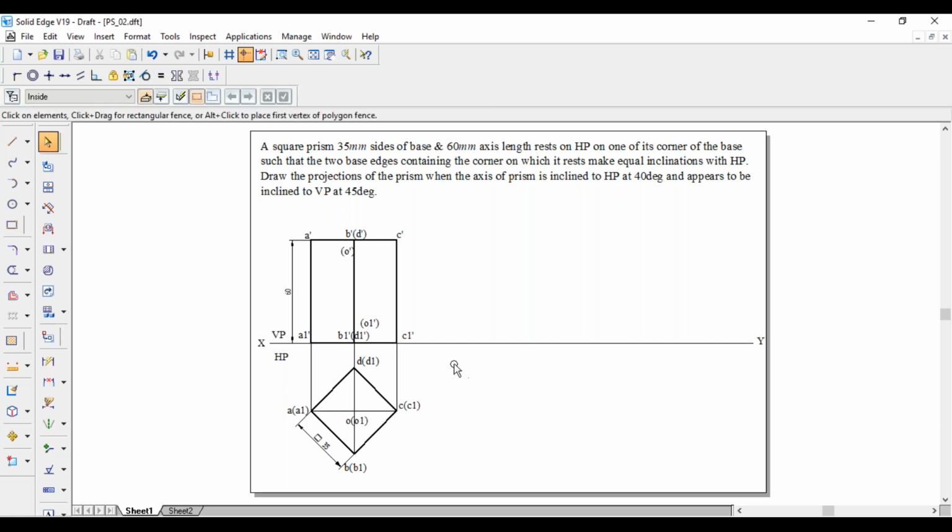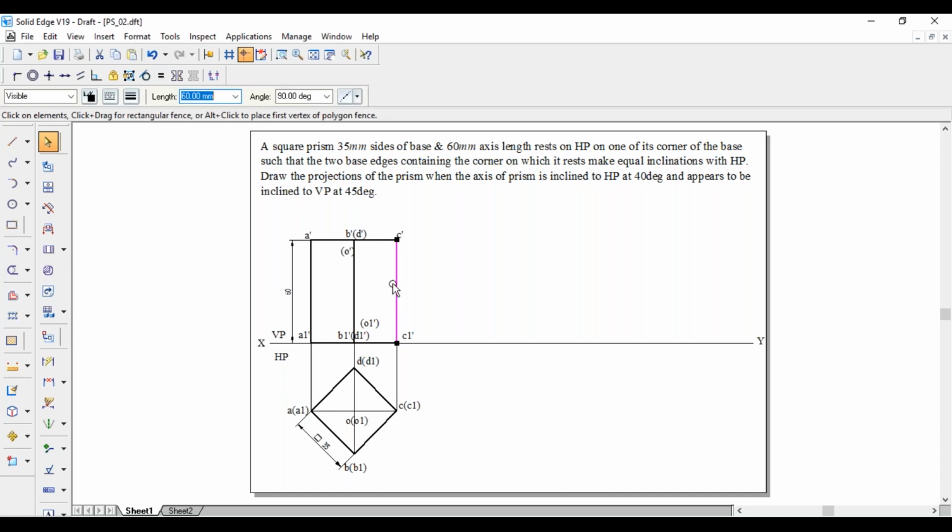For the second position, as given, the axis of the prism is inclined to HP at 40 degree. So as I told you, the axis and remaining edges are parallel to each other in prisms. So nothing to worry. If this edge is making an angle of 40 degree with respect to HP, means the axis is also making an angle of 40 degree with respect to HP.